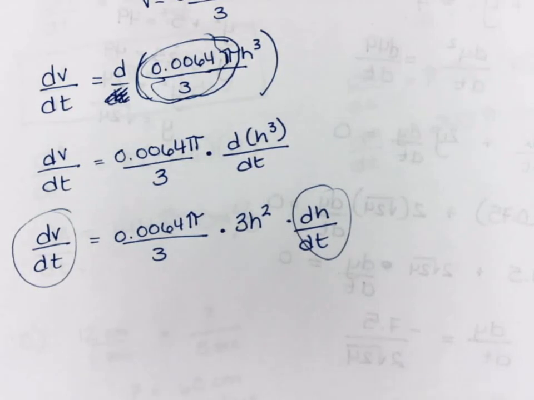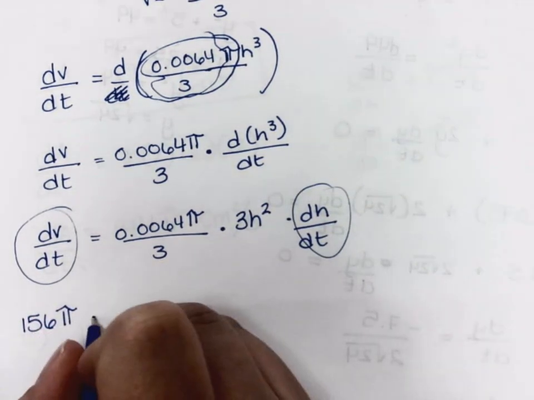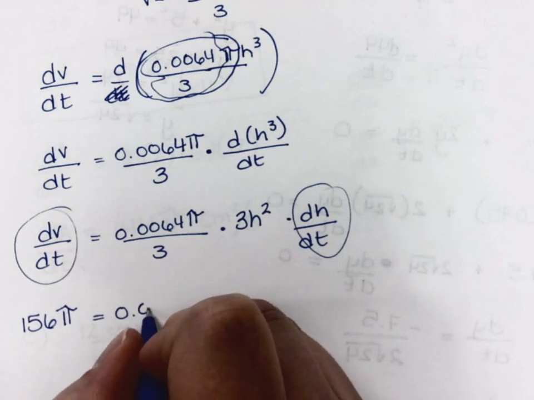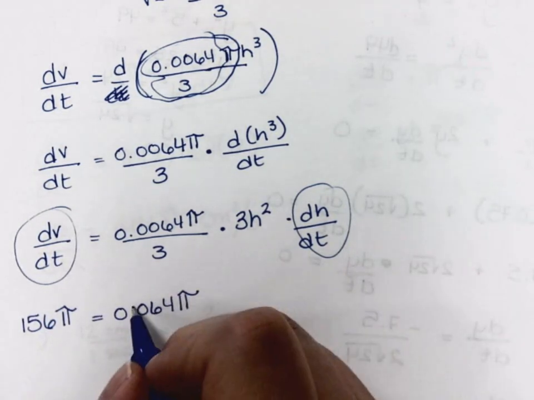What do I know from the question? We know what dV over dt is, so we're going to substitute that in. Oh, I forgot a 0.